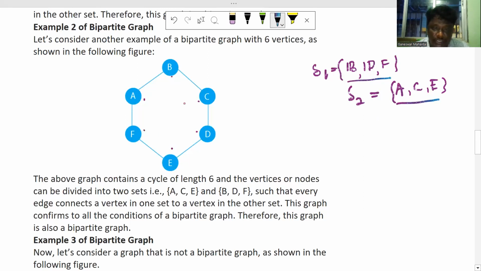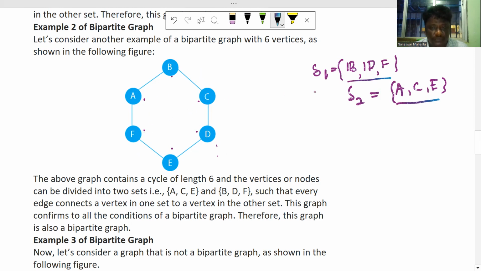There is no connection between B and D, right? The same set does not connect to itself. BD, BF, or FD, there is no connection. The sets are disjoint.